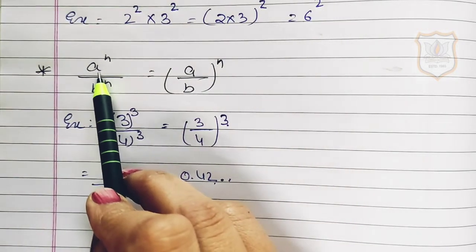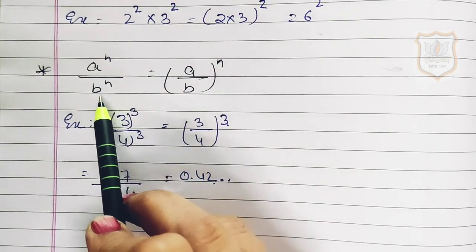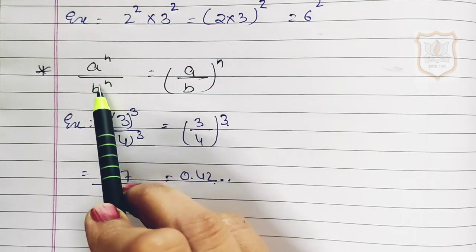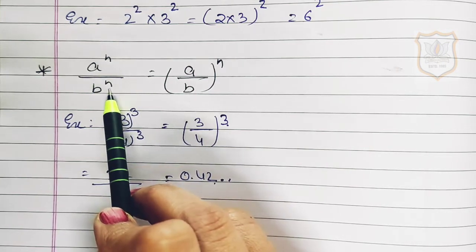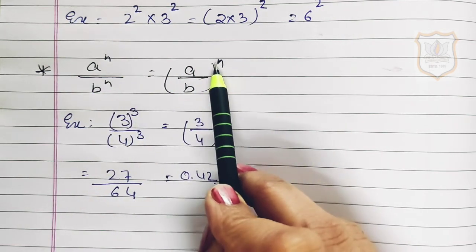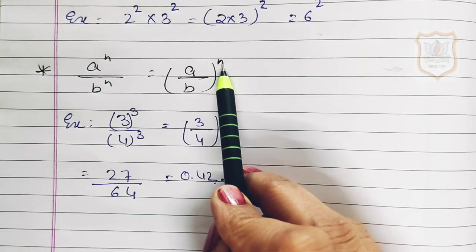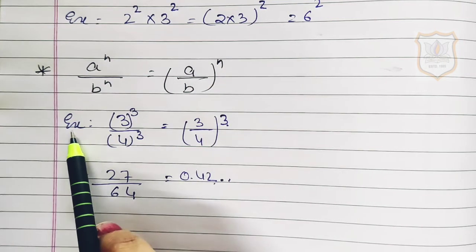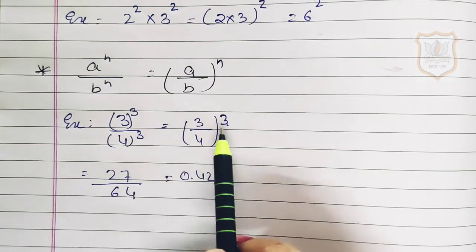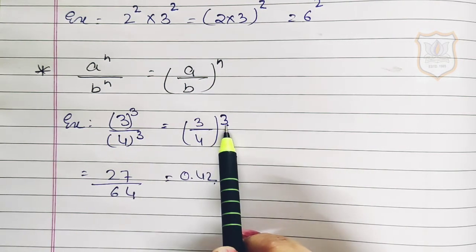Now here a raised to power n divided by b raised to power n. Here both the bases are different but the powers are same. So what we will do here, we will write a upon b and the common power we will write outside the bracket as n. For example, 3 raised to power 3 divided by 4 raised to power 3. So here first we will write 3 upon 4 raised to power 3.